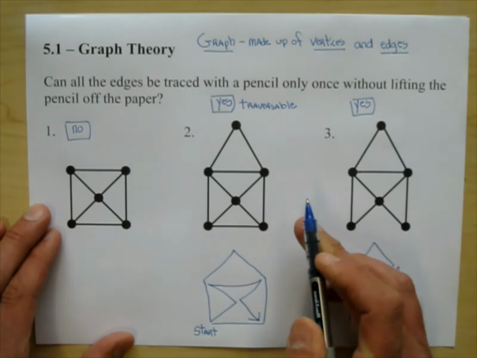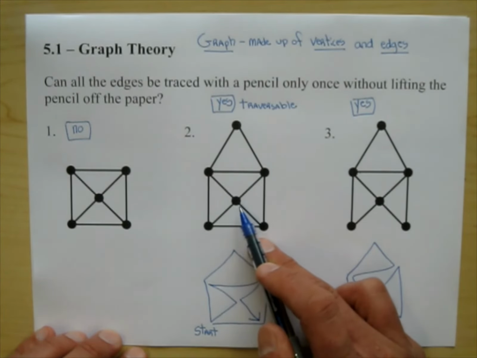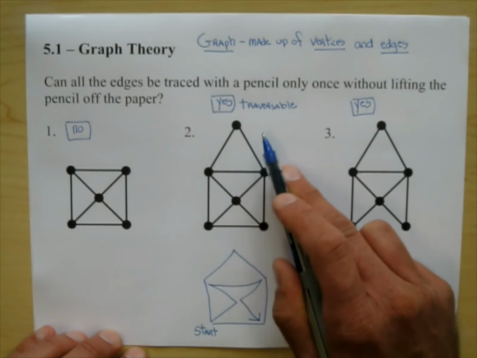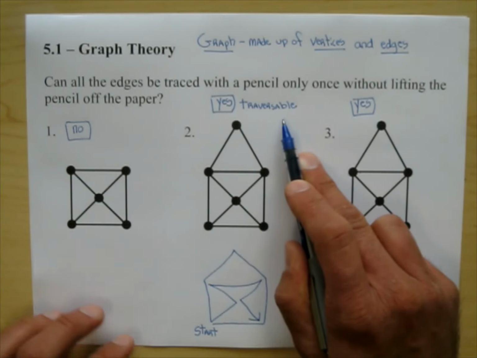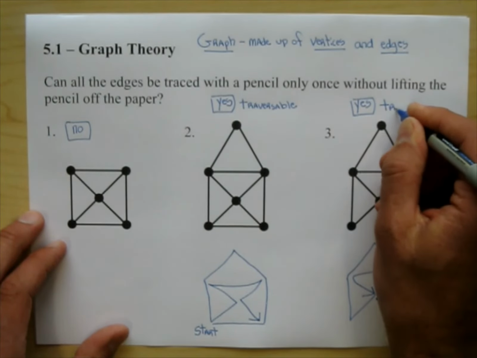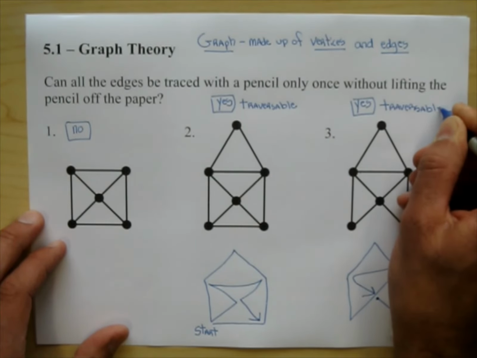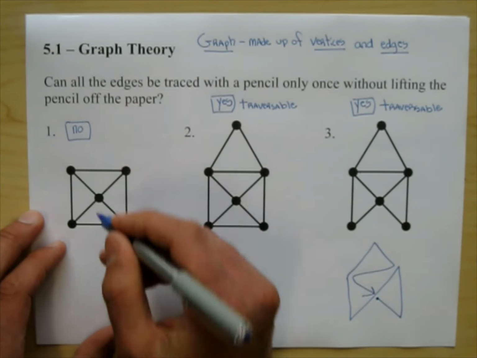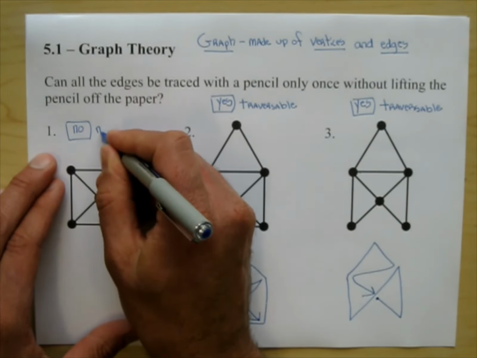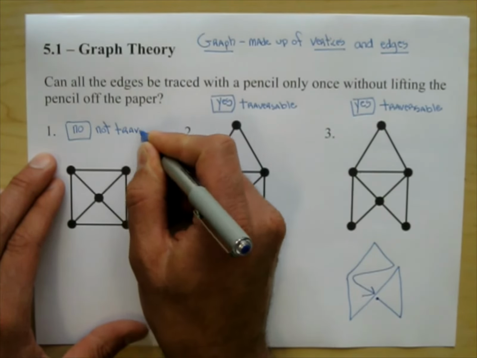So instead of saying this graph has the property that all the edges can be traced with a pencil only once without lifting the pencil off the paper, we can say that this graph right here is traversable. Graph number 3 is also traversable. And graph number 1, even though we didn't show you yet, is going to be not traversable.